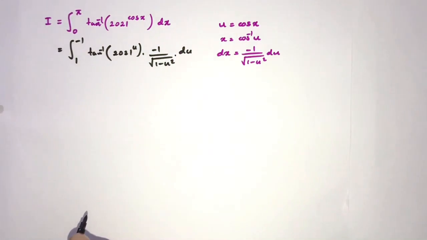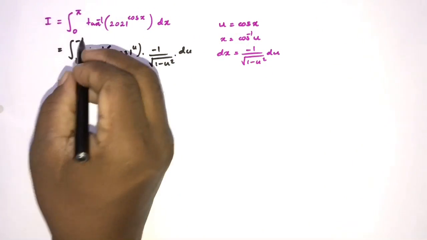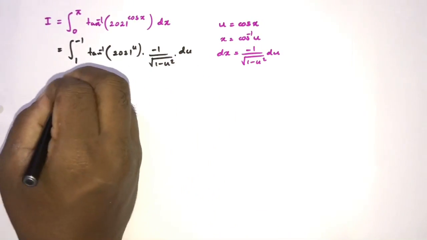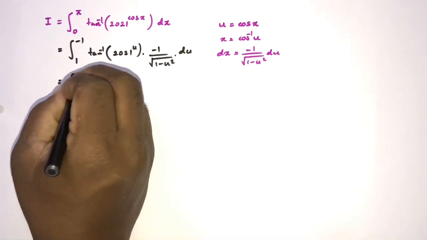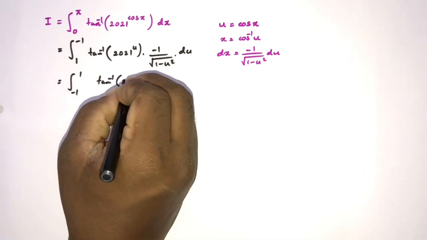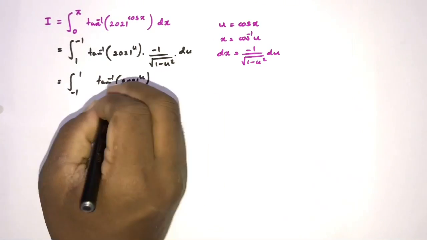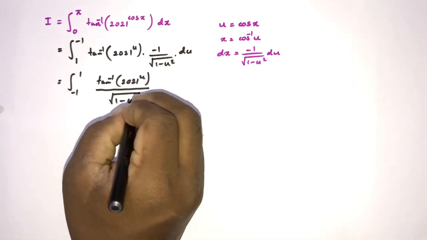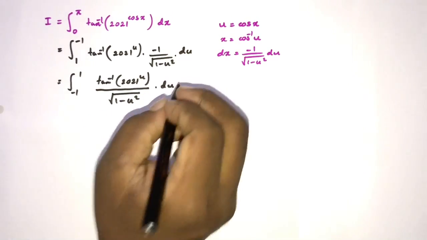Okay, then we can interchange this boundary. When we change the boundary, this minus sign gets cancelled, so we have minus 1 to 1 inverse tan of 2021 raised to the u over the square root of 1 minus u square du.